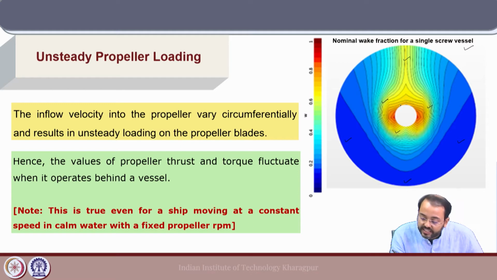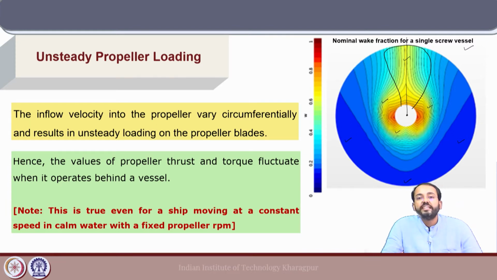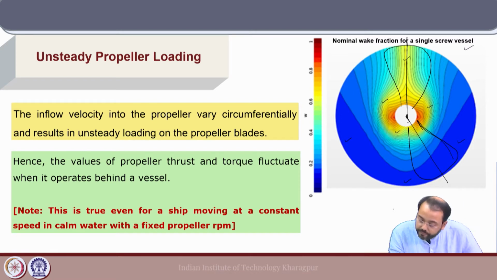Now, let us consider an initial position of the propeller blade here, which is the position for theta equal to 0, if we take theta as the angle taken from the vertical line as the reference. Now, if we take a second position of the propeller blade here, the wake velocities into the propeller at this particular position are very much different as compared to position 1.